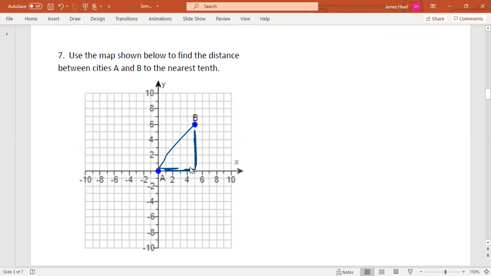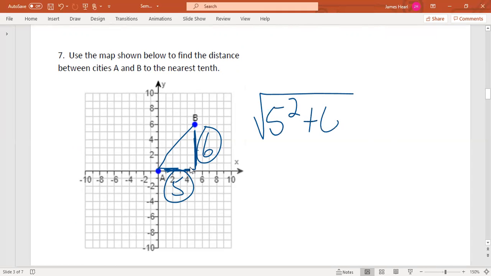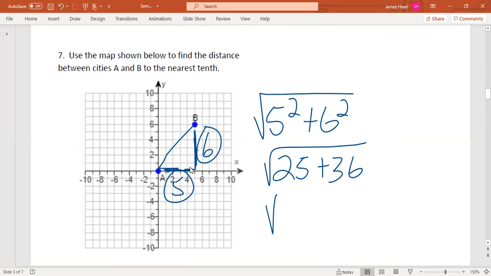So from 0 to 5 is literally a distance of 5. And then from 0 up to 6, a distance of 6. Again, distance formula, Pythagorean theorem, they're the same concept. So we're going to take the square root of 5 squared plus 6 squared, to become the square root of 25 plus 36, to become the square root of 61.